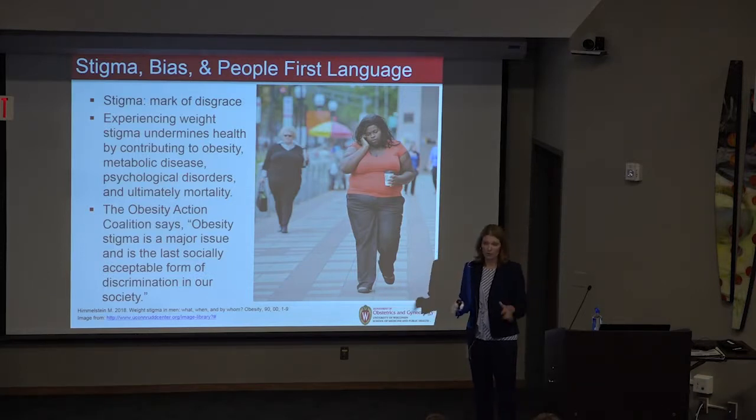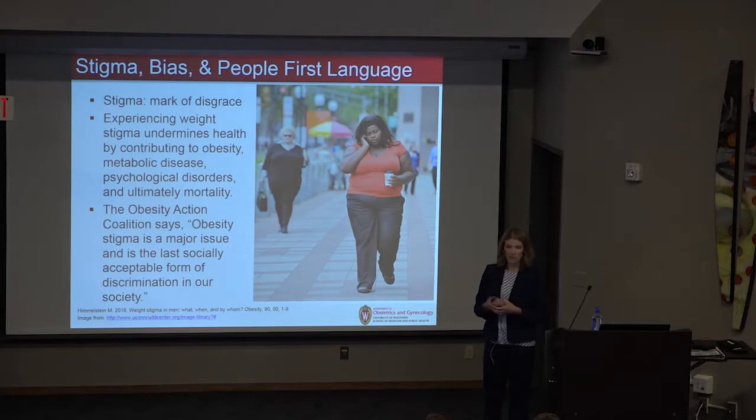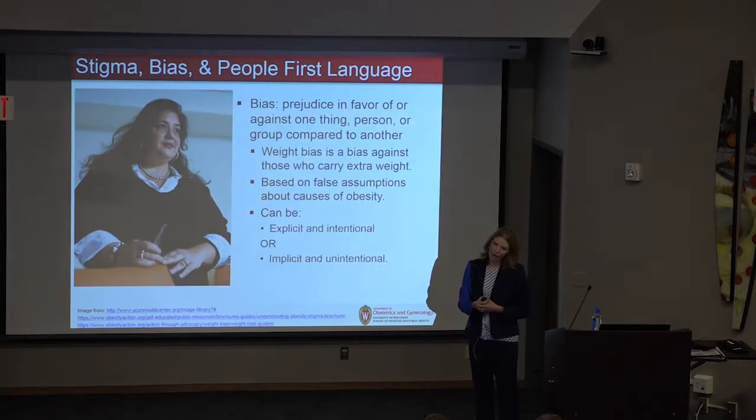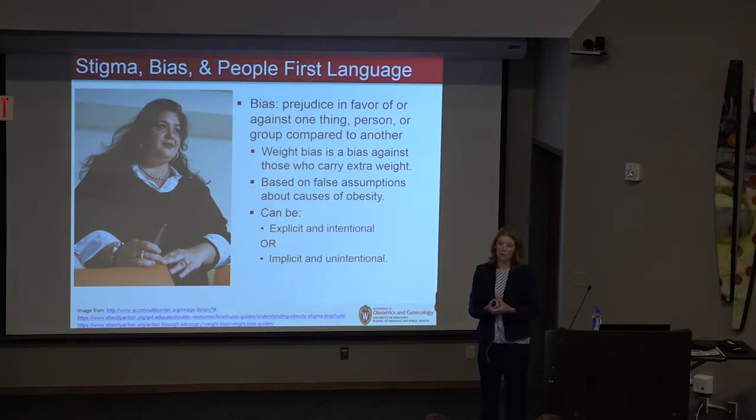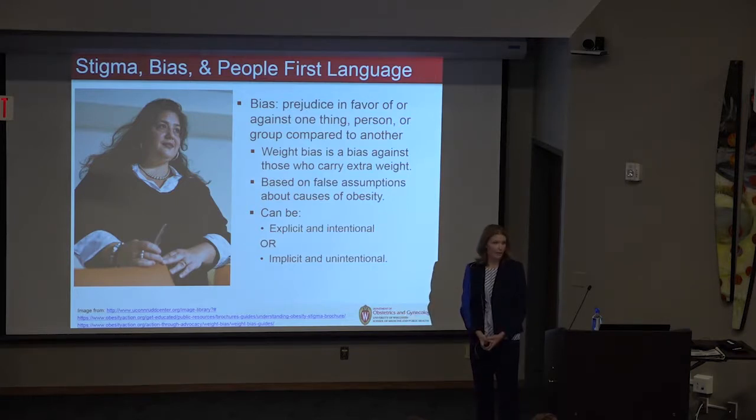Discrimination in many other forms is unfortunately becoming less acceptable, but this is one that continues to prevail. Bias is prejudice in favor of or against one thing, person, or group compared to another. And weight bias is a bias against those who carry extra weight. It's commonly based on false assumptions about the causes of obesity, and it can be either explicit and intentional, or it can even be implicit and unintentional.